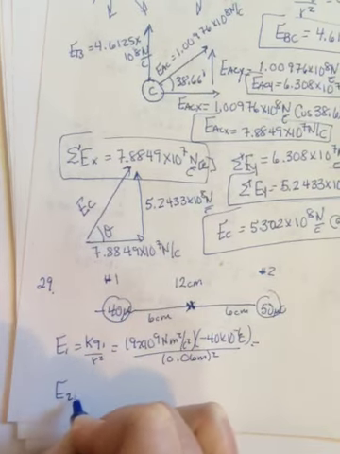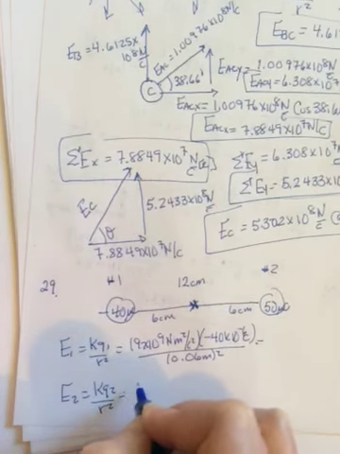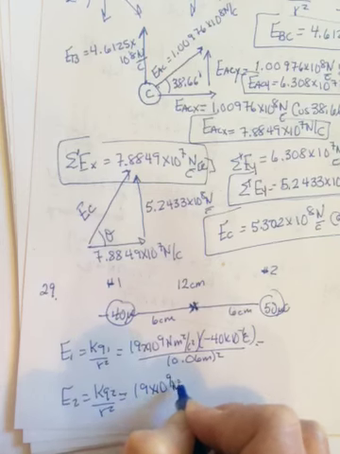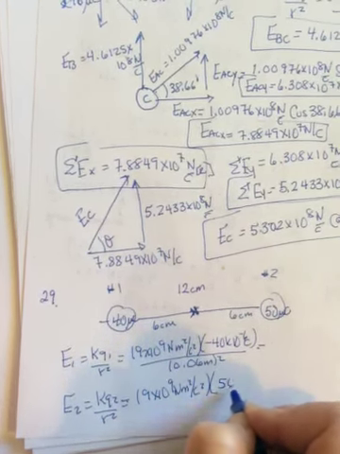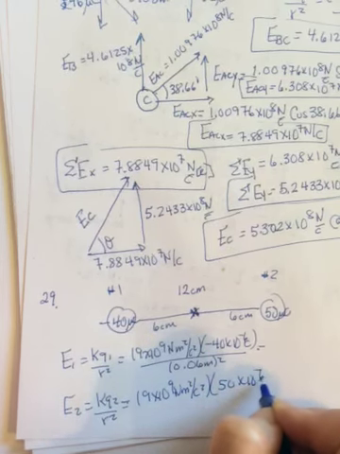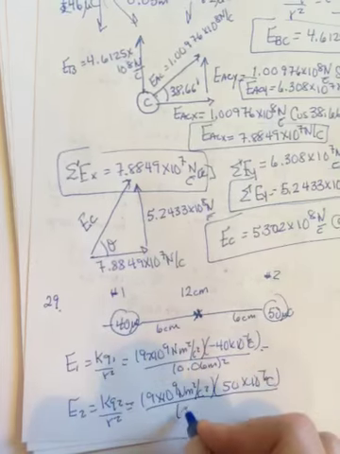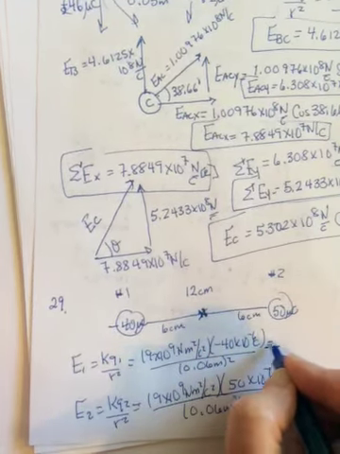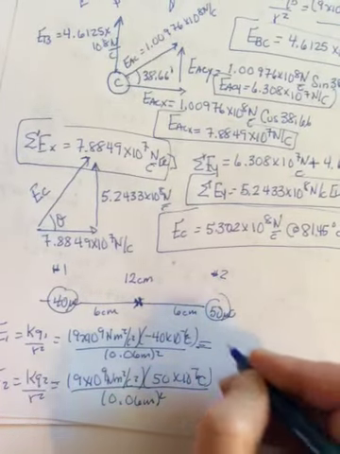Then do E2, kQ2 over r squared. 9 times 10 to the 9th newton meters squared per coulomb squared, positive 50 times 10 to the negative 6 coulombs over 0.06 meters squared again.